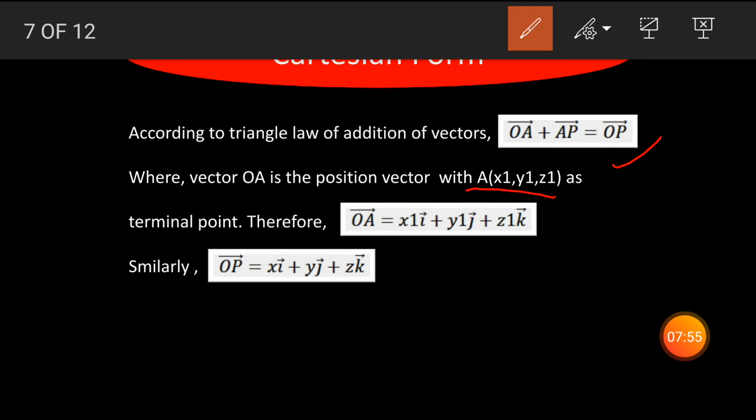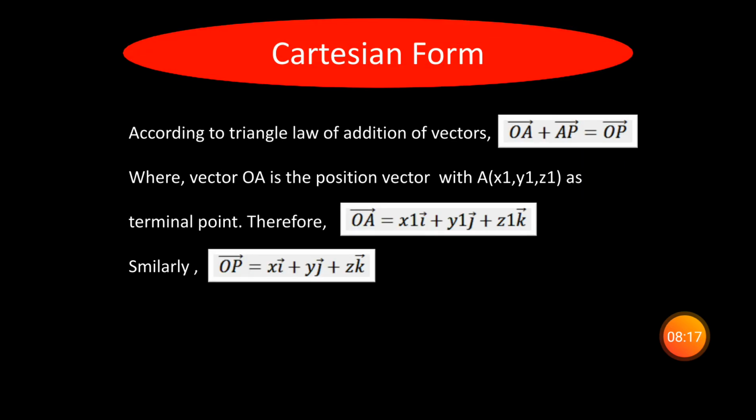In component form, with the help of i, j, k, the unit vectors in the direction of the x, y and z axes, we can write x1 i plus y1 j plus z1 k. Similarly, we can write our R vector, that is OP vector, as x i plus y j plus z k. Okay, so we got these two vectors in component form.